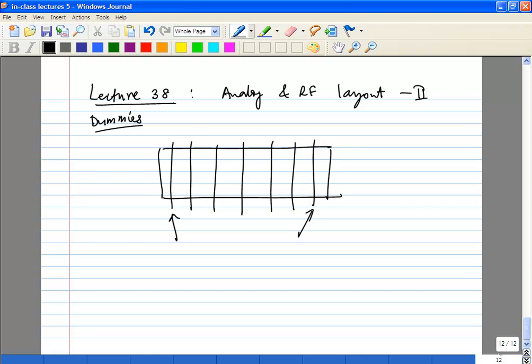You can add two more fingers at the end. If you have, let's say, 20 fingers, just make it 22 and make the last two dummies. You can connect drain, source, gate, everything to ground. So you can add dummy fingers.